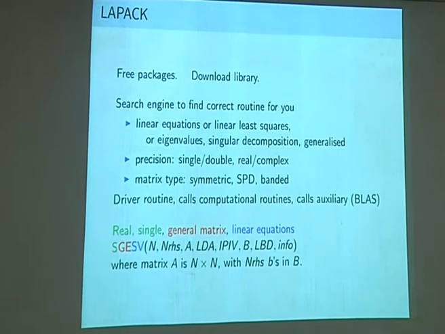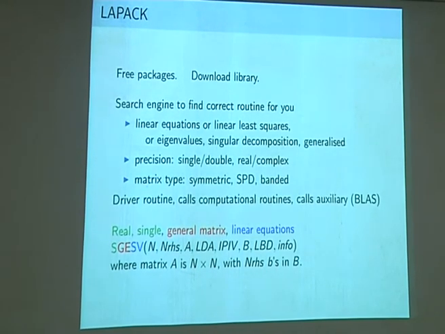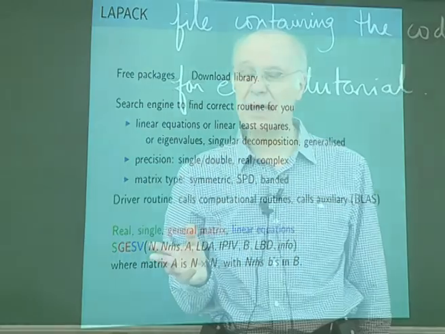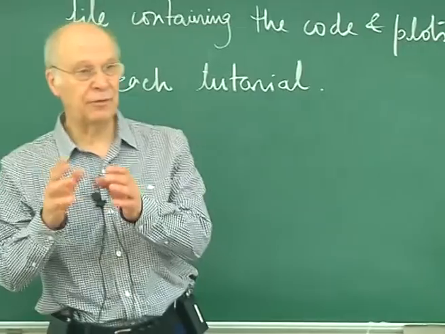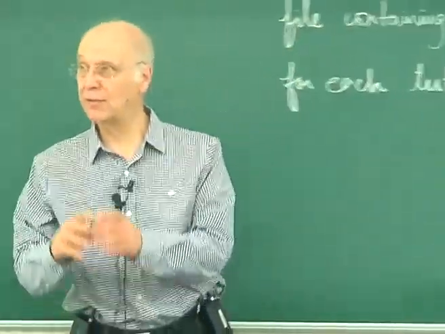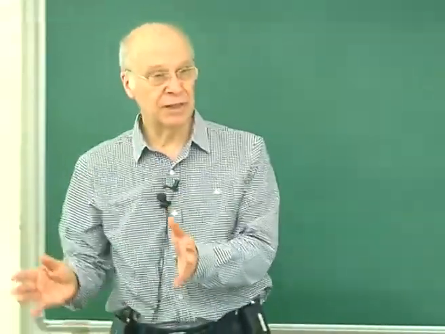And then the first argument is n, where the matrix A is an n by n matrix. And you can see the matrix is number 3 along the list. And this routine actually doesn't just solve AX equals B, it will solve AX equals B1, and then you can give it another vector B2, another vector B3, another vector B4.